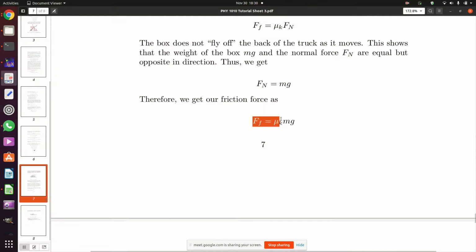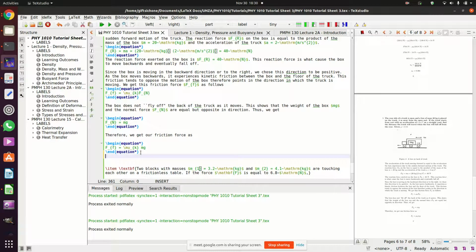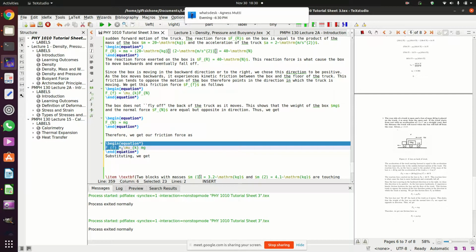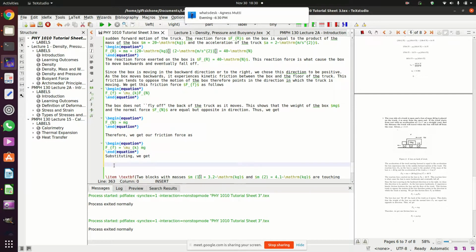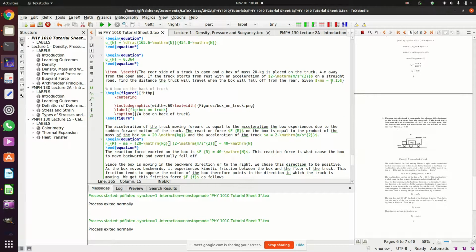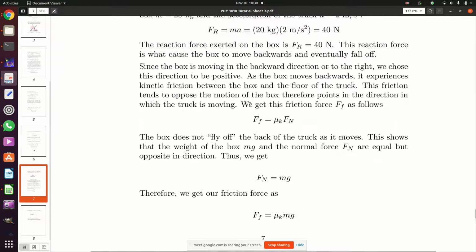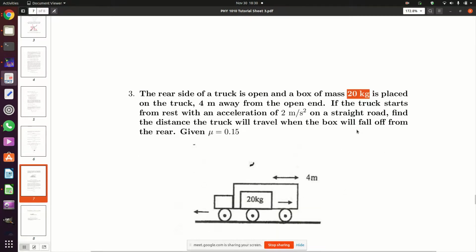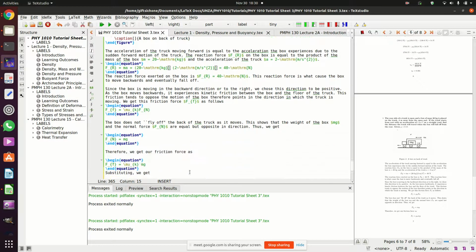So this becomes our friction force. Substituting, we are told the coefficient of friction is 0.15. The mass of the box is 20 kg. Then acceleration due to gravity is 9.8. So we just substitute those.